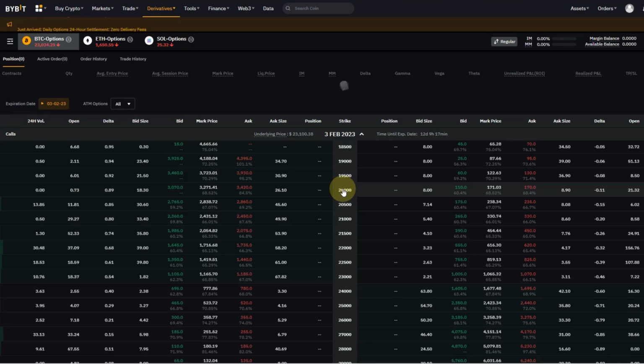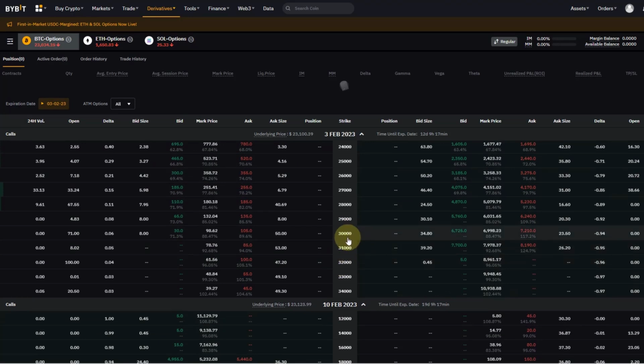Example number 2, you buy a call option, left-hand side. So you speculate for the price to rise with a strike price of, let's say, 30,000. Where are we? Here. And also an expiration date next month.